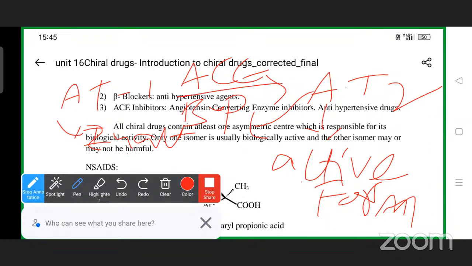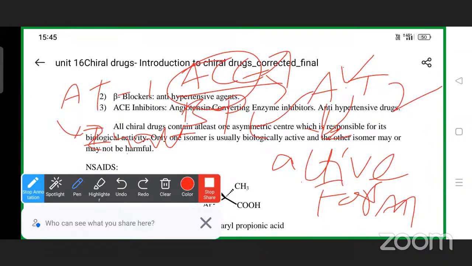So when this ACE gets overactivated, more angiotensin 2 is formed. So it increases the blood pressure. Generally, it leads to the development of high BP, high blood pressure.